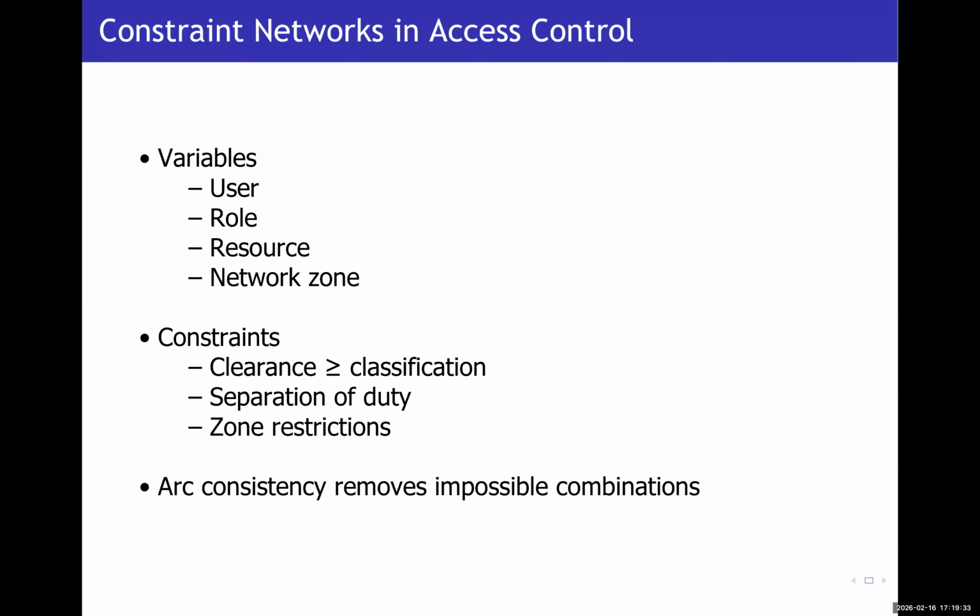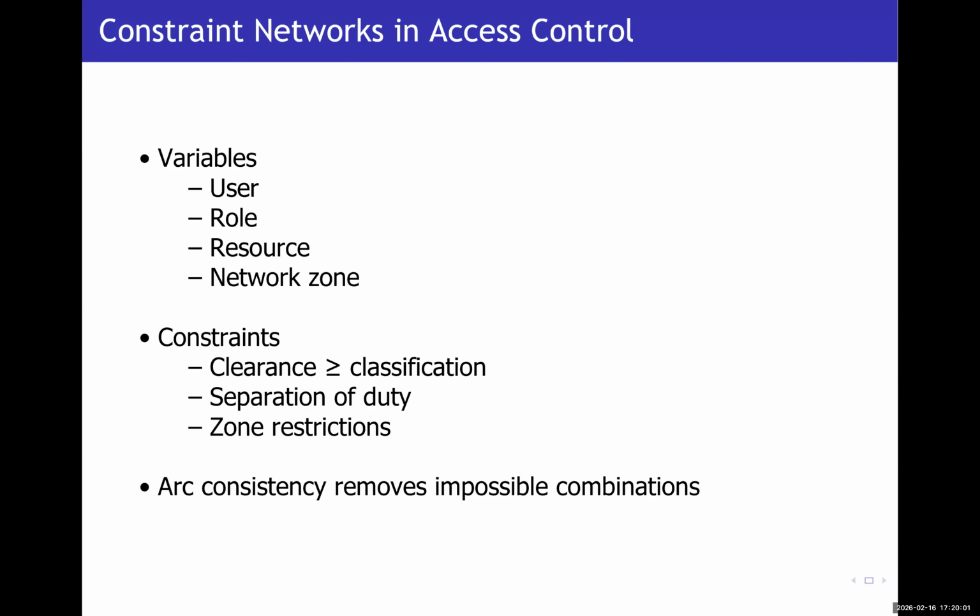The constraints represent security policy. Clearance must be greater than or equal to classification. So the person must hold an equal or greater security clearance to access a resource that has a certain security classification to it.